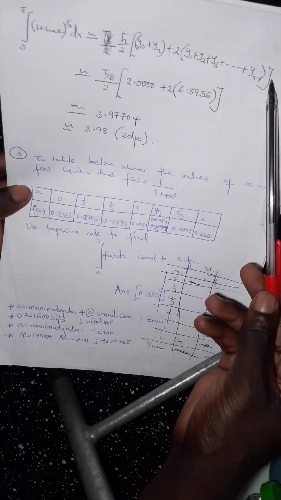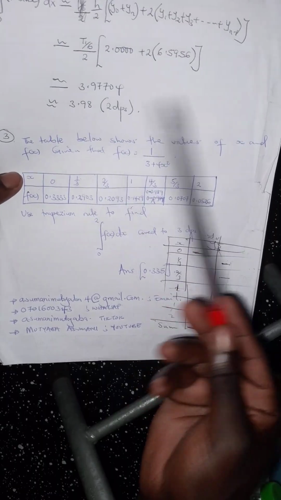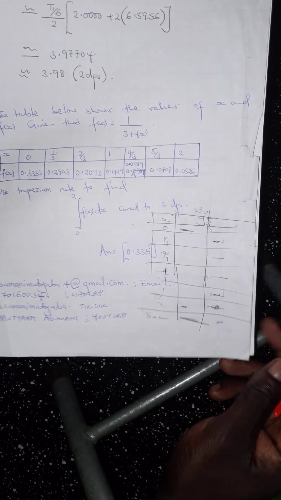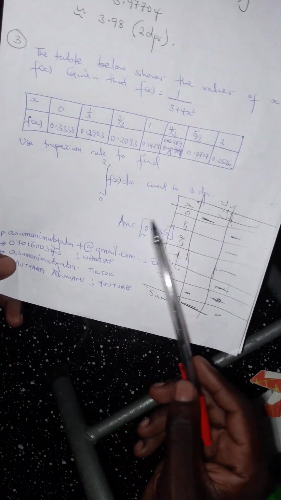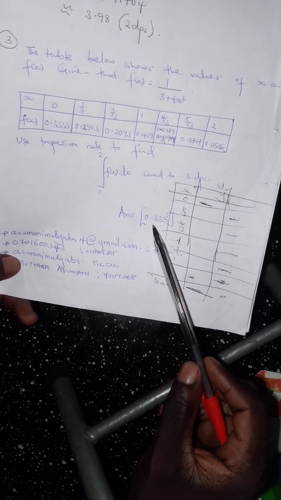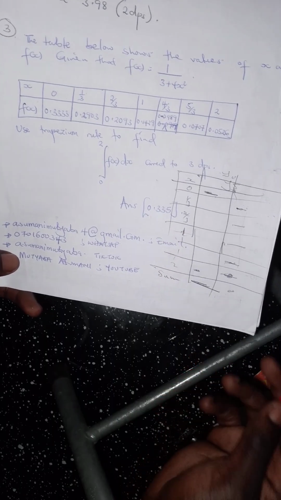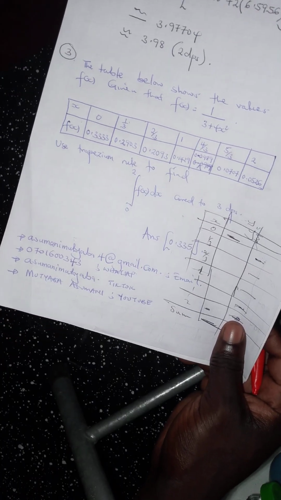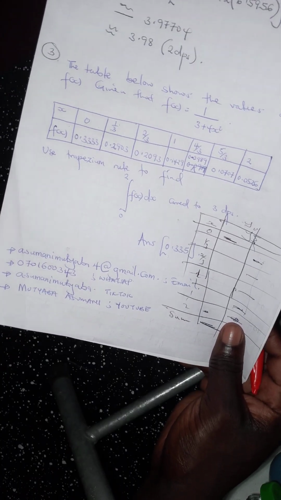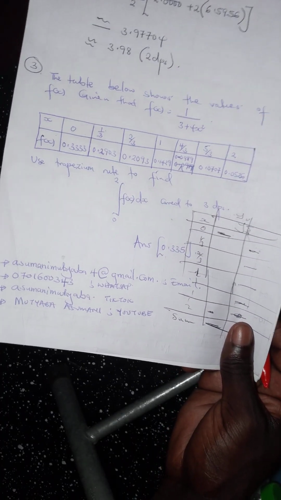Then you also substitute this as a result of adding all the middle y values, and then you'll definitely get your final answer. So if you do that, you'll check and see whether the answer is going to be 0.335. So those are the other 2 ways of how they can set a question on the trapezium rule.